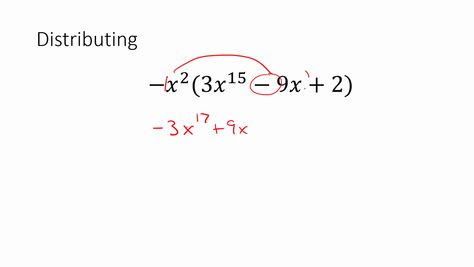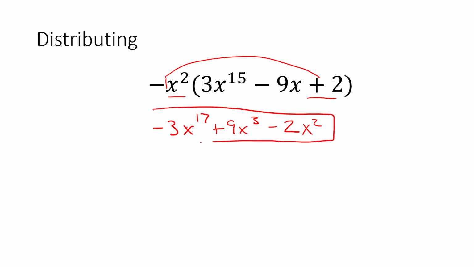X to the 3rd. Keep going. Negative 1 times positive 2 is negative 2. And there's no x's, so we're just going to keep the x squared that's already there. And that's the idea.